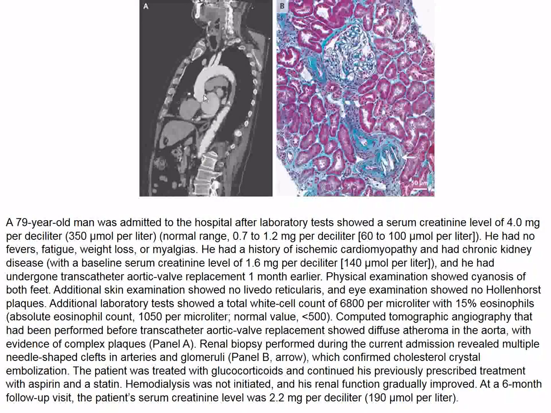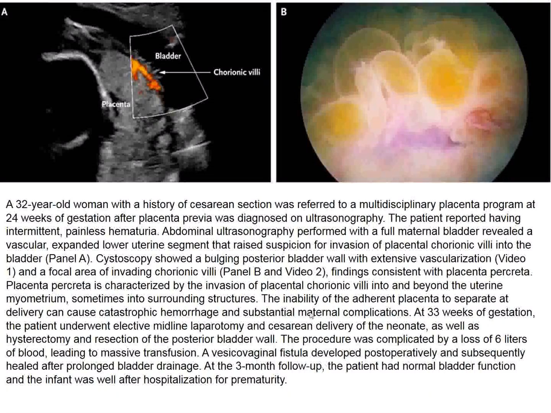So when this patient got this new aortic valve, we can imagine that material was released from the catheters that had to be placed in order to perform this procedure, resulting in cholesterol emboli. This patient stabilized with a creatinine of about 2.2 and didn't end up on dialysis.